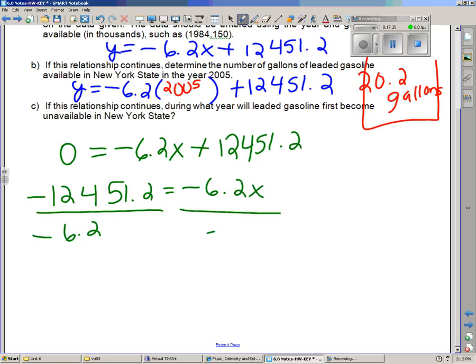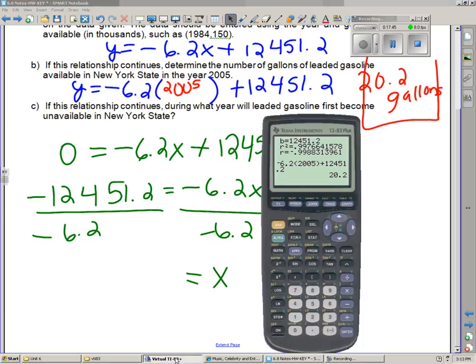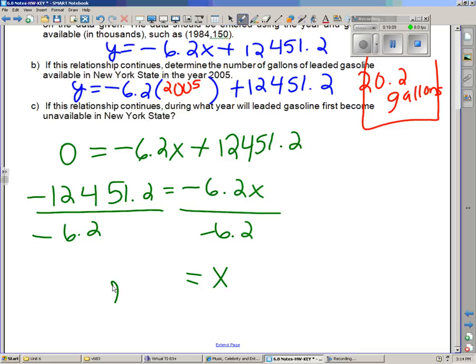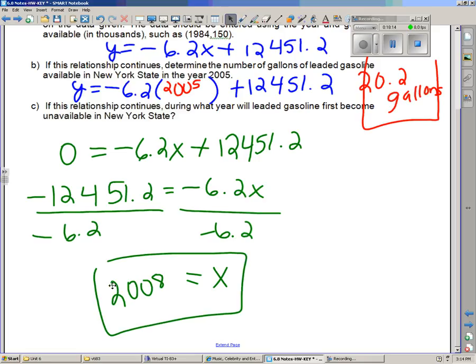And you'll divide both sides by negative 6.2. Negative 12451.2 divided by negative 6.2, and the year is going to be 2008.2, but that's basically going to be the year 2008.